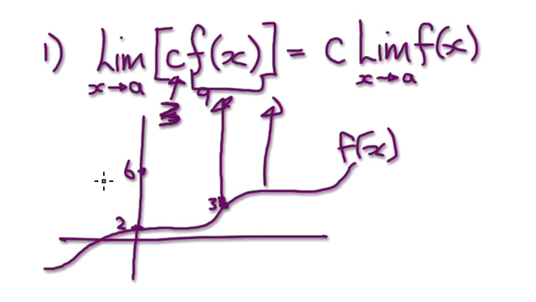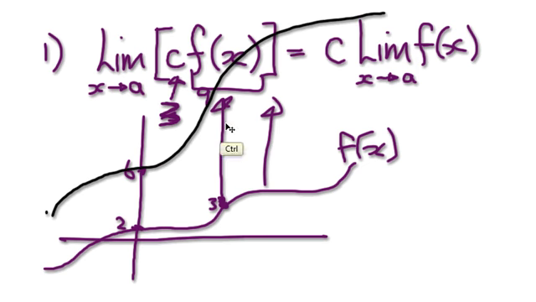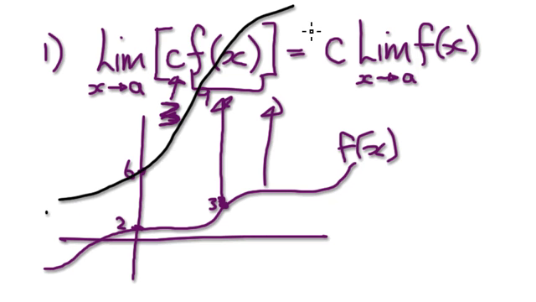So our new function will get stretched something like this, drawn badly. Everything will get stretched upwards. But let's just look at the point a. Actually, let's look at a being over here.